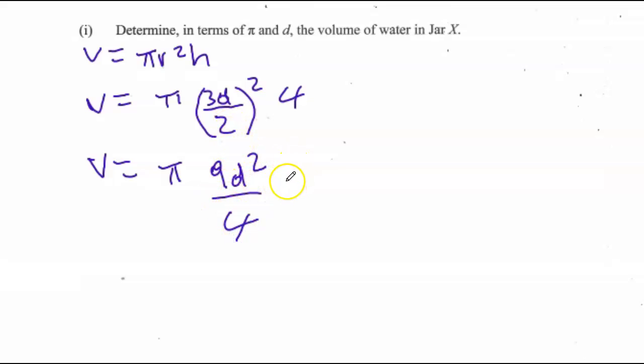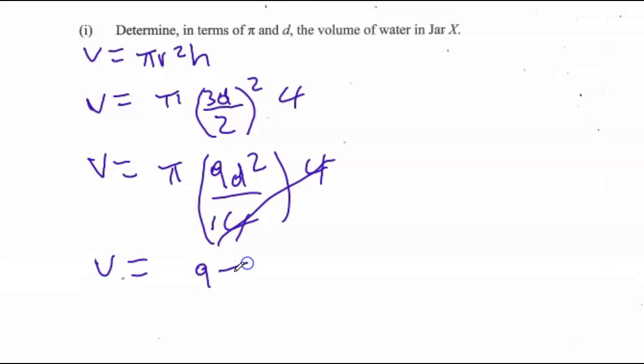And now we have our 4 here. Square that, then we have our 4 there. So 4 into 4, that's 1. So the volume is pi times 9d squared. So we can write that as 9 pi d squared, and it's centimeters, so cubic centimeters.